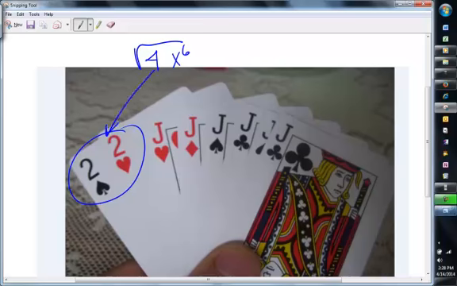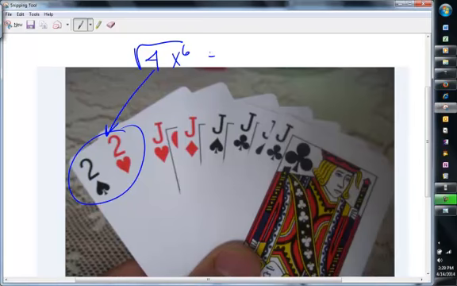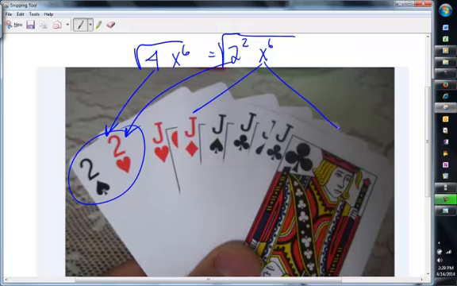So the first thing you want to do is find the prime factorization of this number 4. So if I press 4 and then shift, factors, it says 2 squared. So this is 2 squared x to the 6th, and we're doing the square root. So I show that you got a pair of 2's and you got 6 jacks. I'll say j to the 6th rather than x. There is no x card in the playing cards.